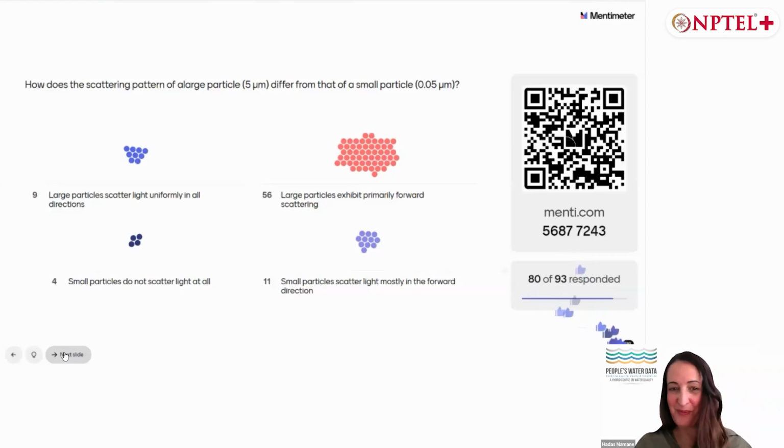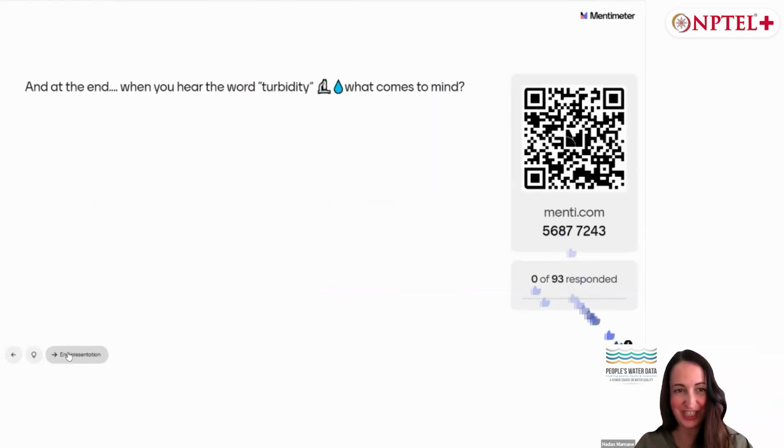So thank you very much. You answered correctly, most of you. And the right answer is large particles exhibit primarily forward scattering. And the next question is at the end.